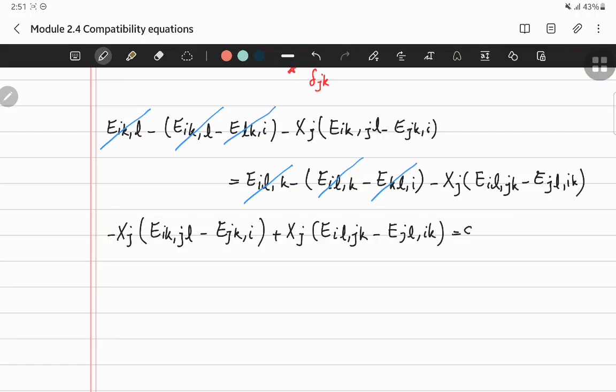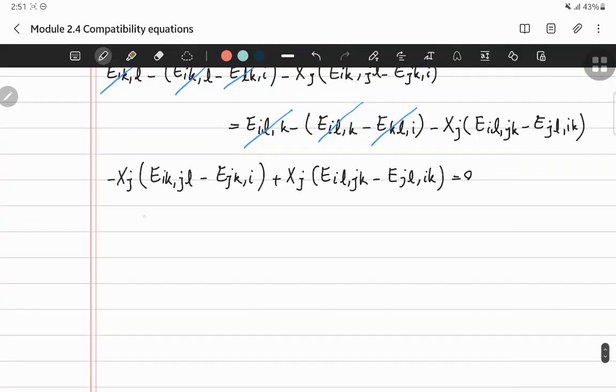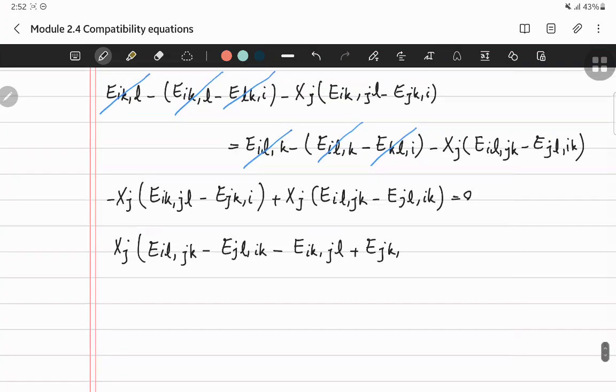EJLIK is equal to 0. So finally, I have XJ, these are positive, EILJK minus EJLIK minus EIKJL plus EJKI.